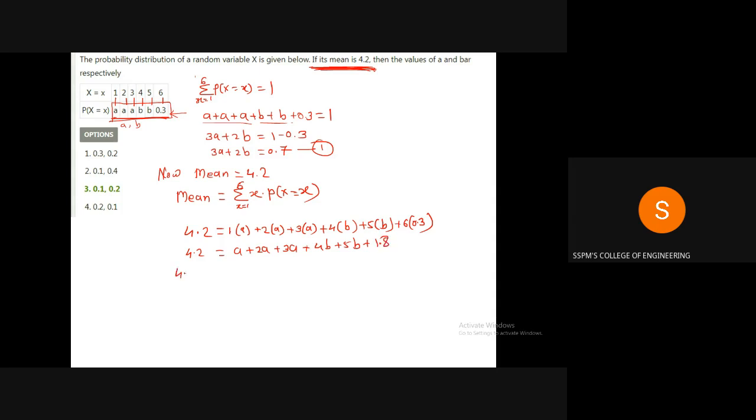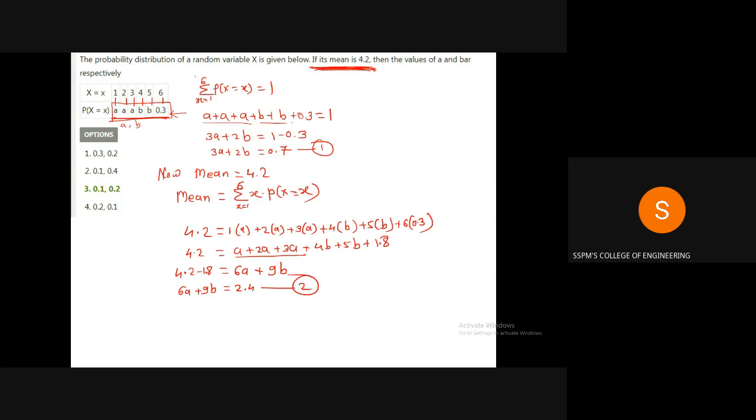So we have 4.2 minus 1.8 is equal to 6a, adding a, 2a and 3a, plus 9b, adding 4b and 5b, that is 6a plus 9b is equal to 2.4. This is our second equation.